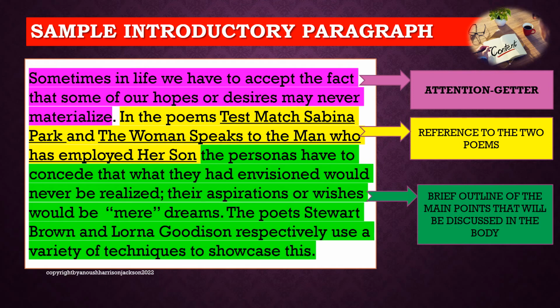The poets, respectively, use a variety of techniques to showcase this. So we are prepared here for a discussion of the techniques that will also be utilized by these poets.